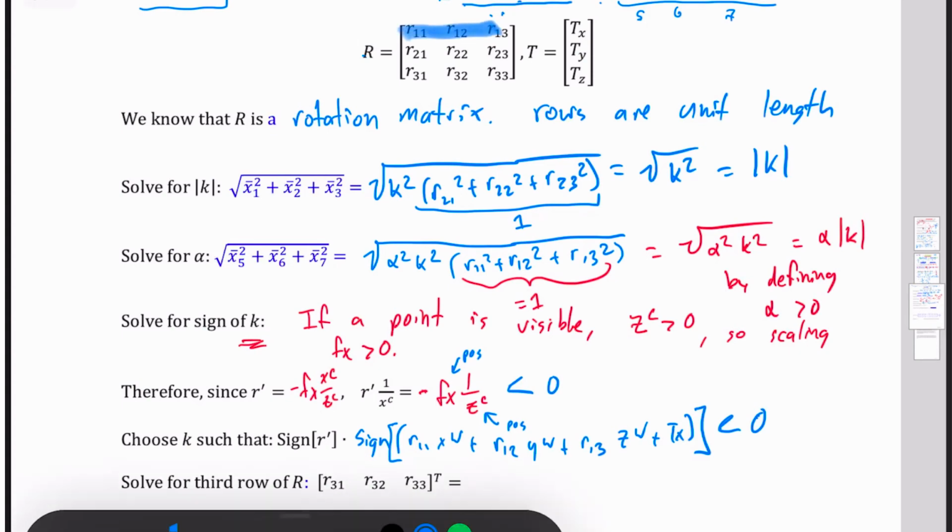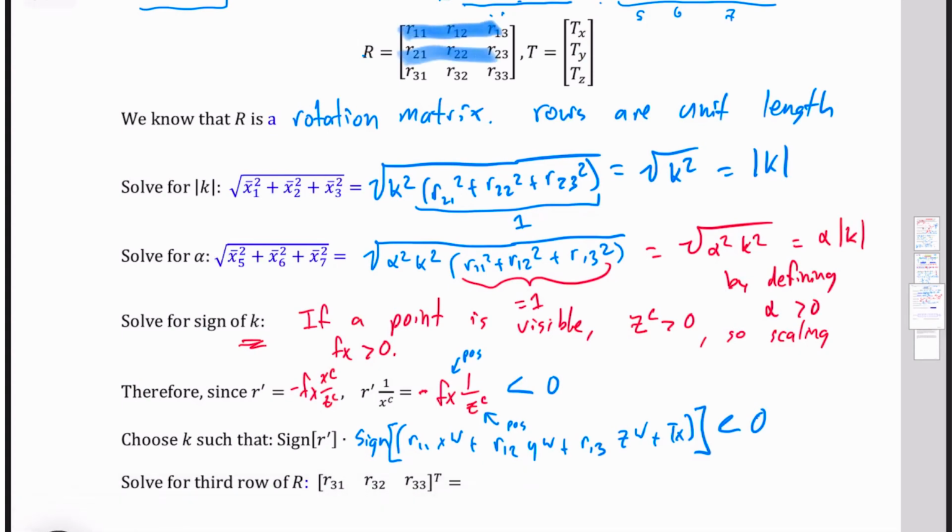We have solved for this row, and we've got our ty and our tx. That's pretty good. Now to solve for that third row, we don't have to do anything. Remember, it must be orthogonal, which means that all we have to do is take our first two rows and take the cross product.